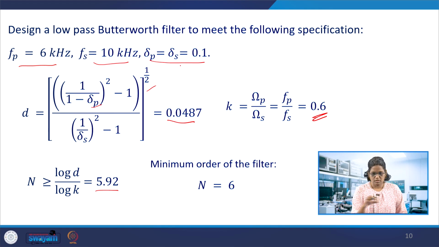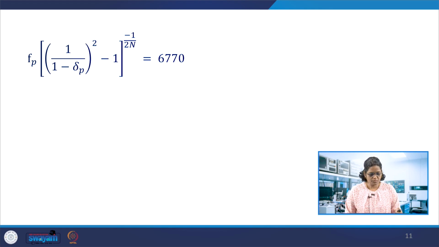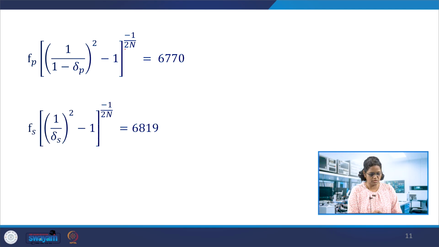Once we know the pass band and stop band characteristics and frequencies, it is easy to decide the order n equal to 6 using the discrimination and selectivity factor. To select the cutoff frequency, omega p into the power minus 1 by 2n, which lies between these two.